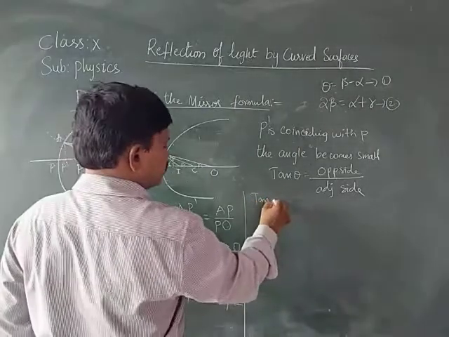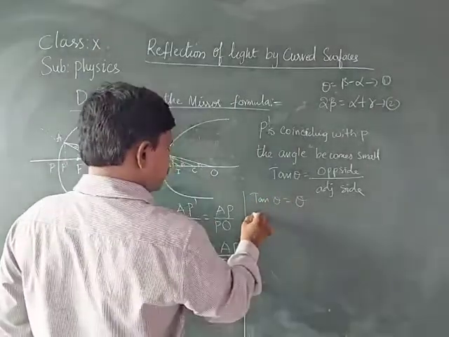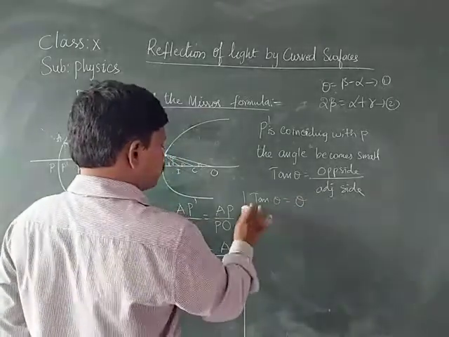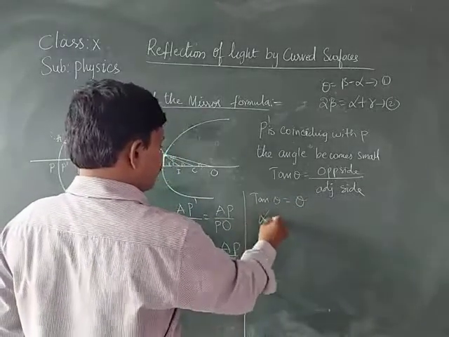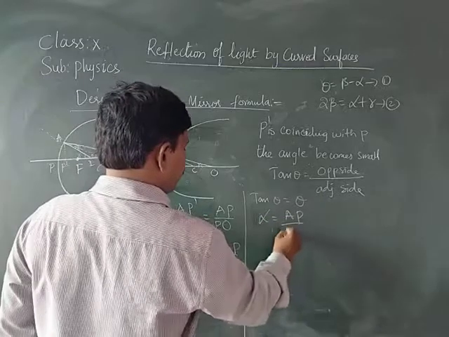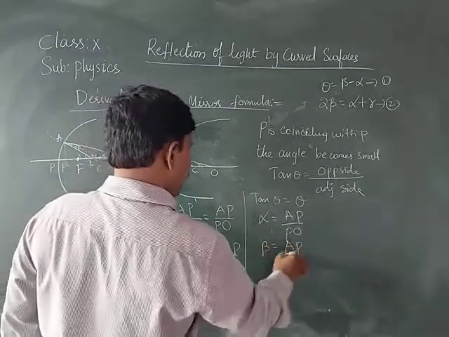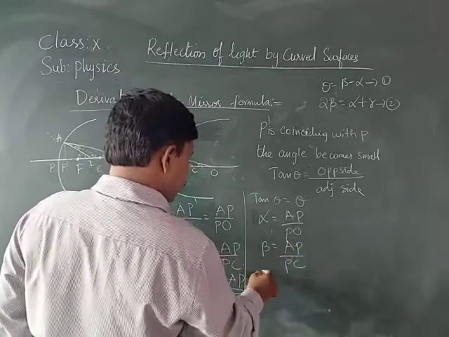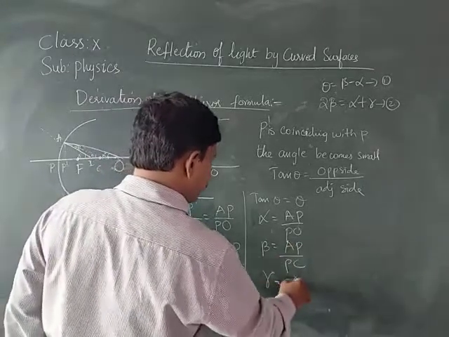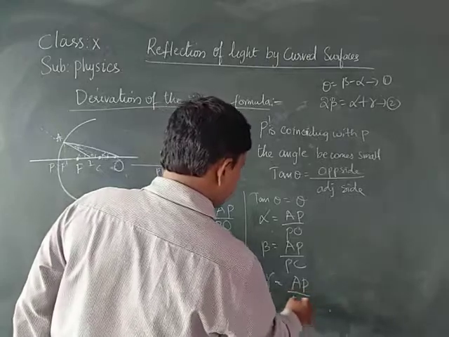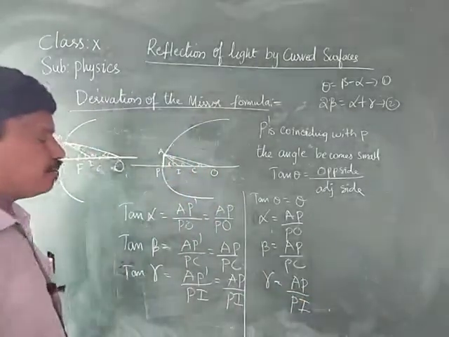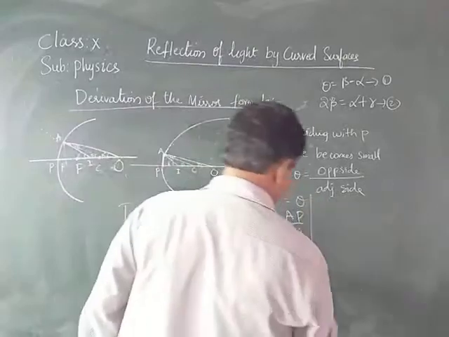Therefore, tan theta becomes theta, and in the same way, tan alpha becomes alpha. Therefore, alpha is equal to AP by PO, beta is equal to AP by PC, and gamma is equal to AP by PI. These three.